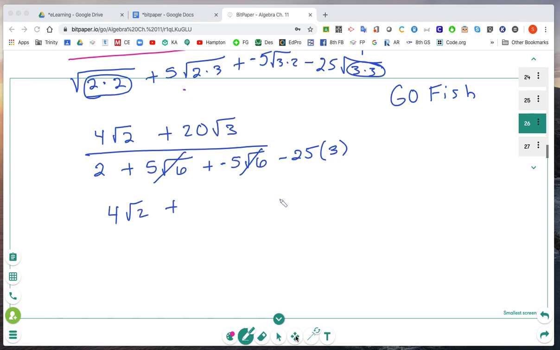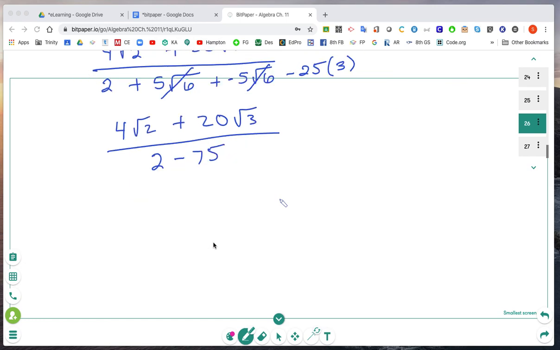So when I come down here and I've gone fish, I now have 4 square roots of 2 plus 20 square roots of 3 over 2 minus 75. So the 2 was left here, and the minus 3 times 25 is 75. 4 square roots of 2 plus 20 square roots of 3 divided by negative 73.